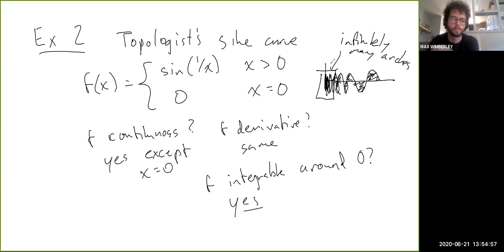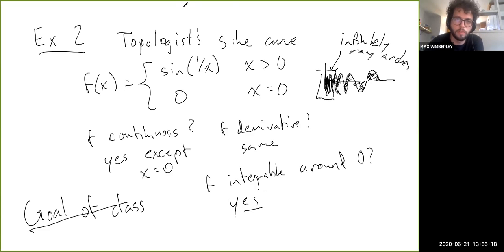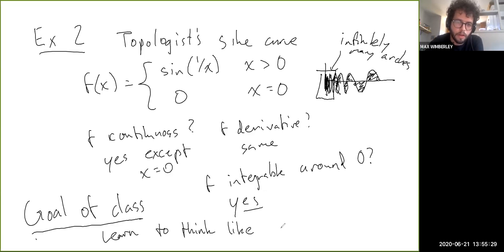Learning to think like an analyst really is the fundamental goal of the class. The theory is nice, obviously, and it's important for developing more mathematical theories, but the ultimate goal of the class is to learn to think like an analyst, in the mathematical sense.